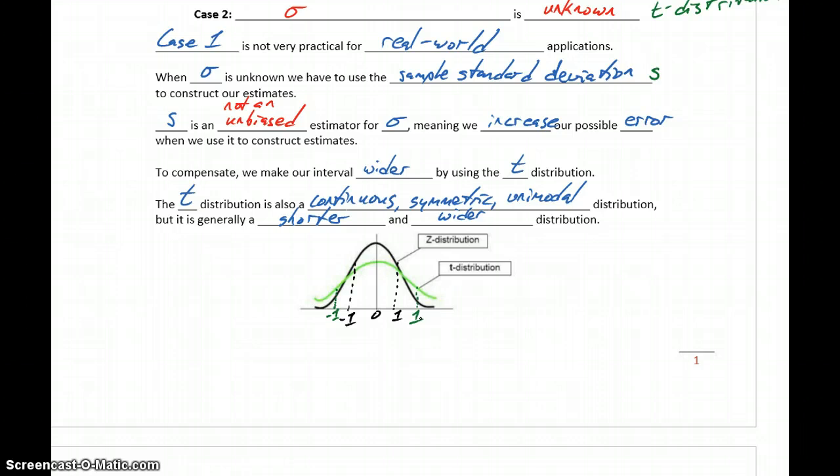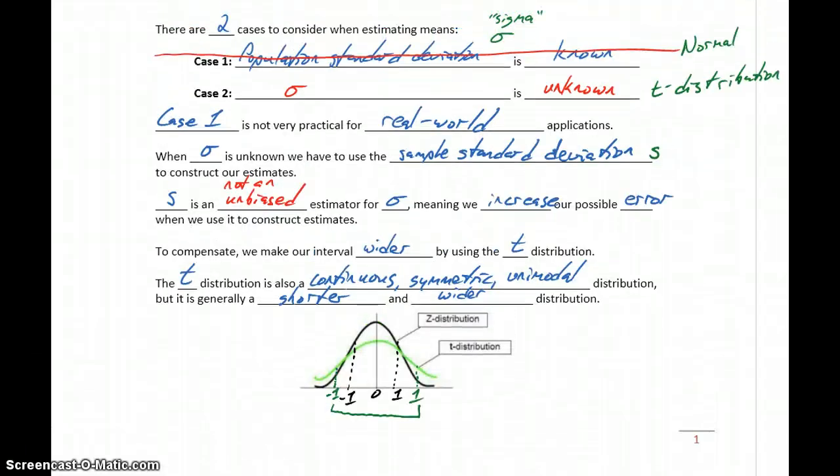So essentially the result is when we use the t-distribution to construct these intervals, we end up with an interval that's wider than it would normally be if we were using the normal distribution. And again, the reason we're doing that is because we're using the sample standard deviation as part of that calculation, which is a biased estimator. So it's adding additional error to our problem.